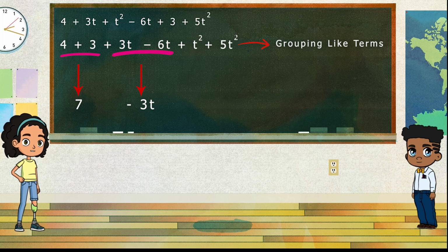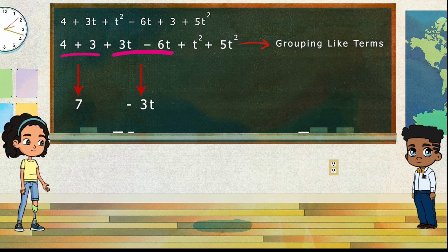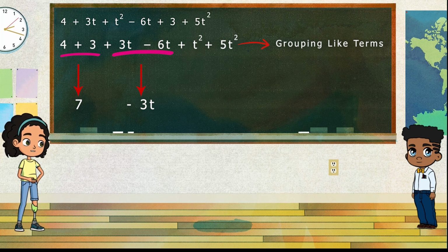We could have also done this by a simple rule. Once we are subtracting two terms, we subtract the smaller term from the larger term and keep the sign of the larger term. So, in this case, the two terms are 3t and 6t. 3t is the smaller term, while 6t is the larger term.